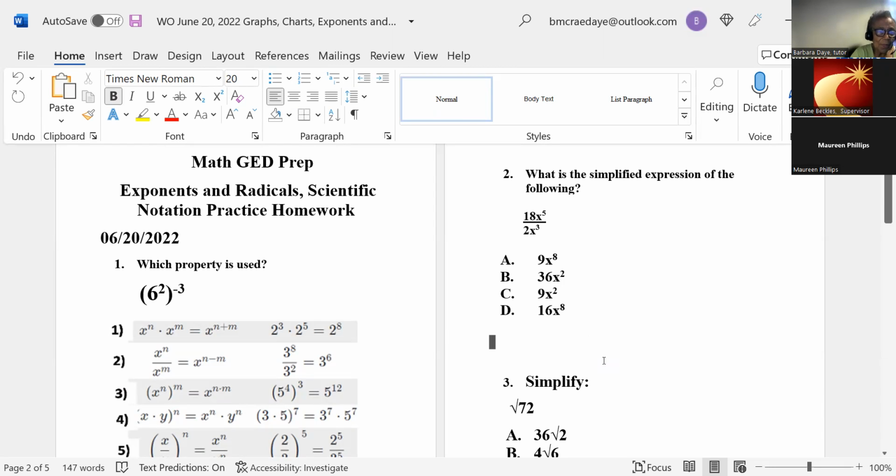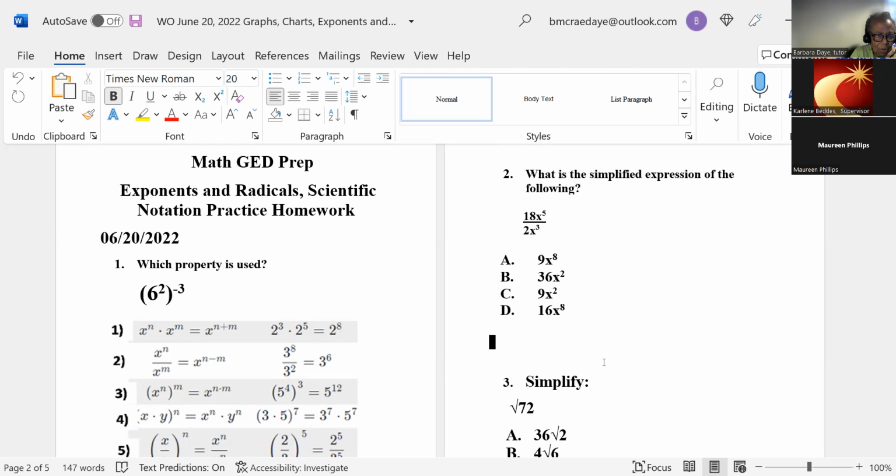Number 2. What is the simplified expression of the following? 18x to the 5th power divided by 2x to the 3rd power. So what operation is that, Maureen? Divide. That's right. That's a division operation. So tell me how you got your answer. I subtract the 3 from the 5. Okay. And then I divide the 18 by 2.